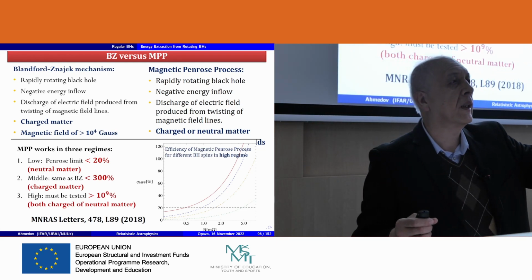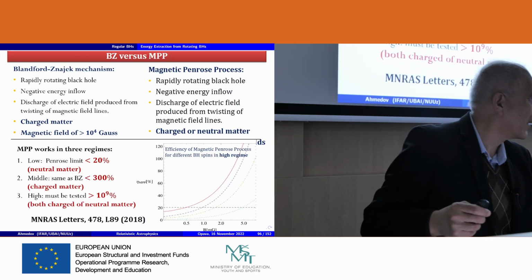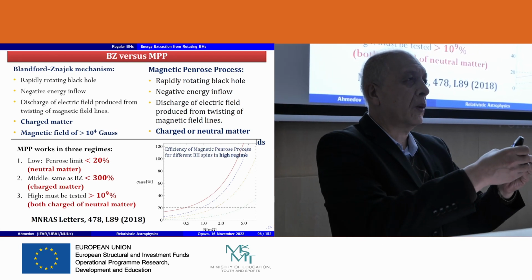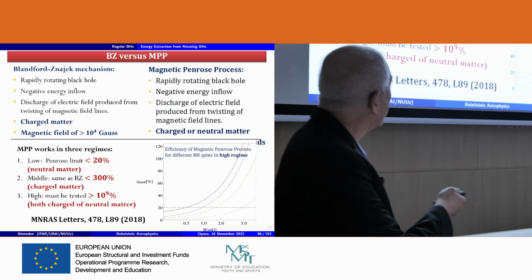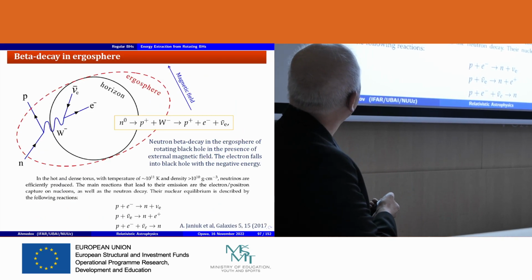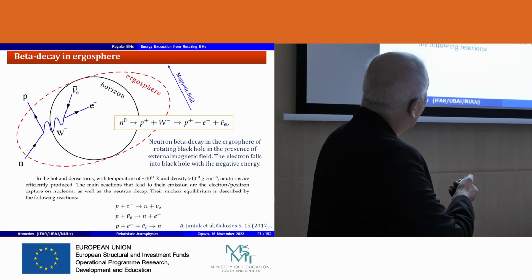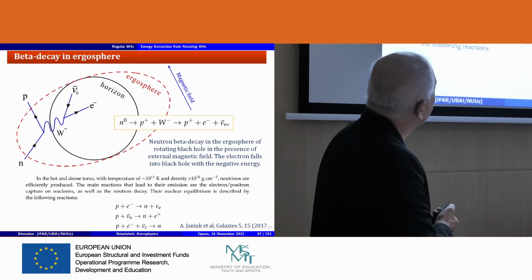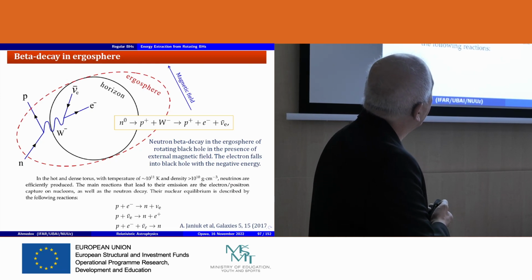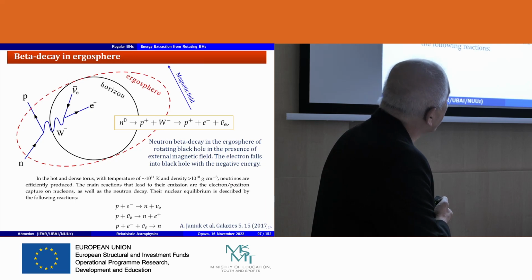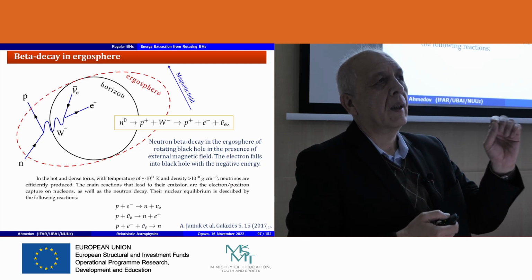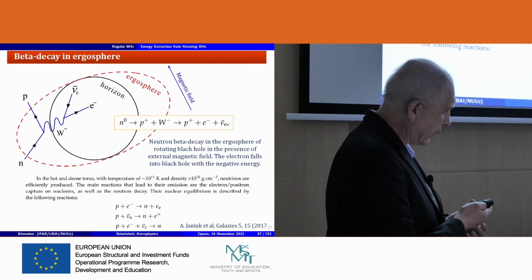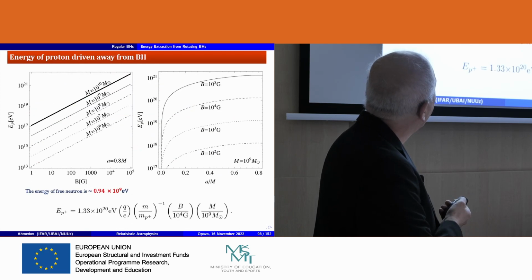The black hole is slightly charged because it is rotating, and a neutral particle will decay to a proton and something else, it is beta decay. The proton will be accelerated by the charge of the supermassive black hole, and then we can calculate the energy.